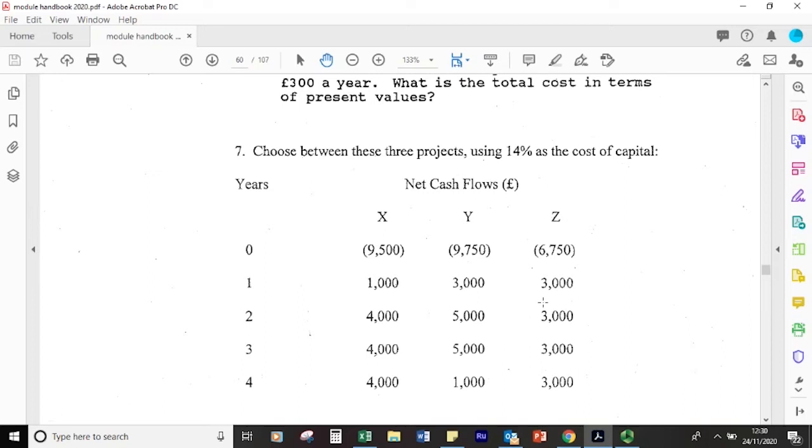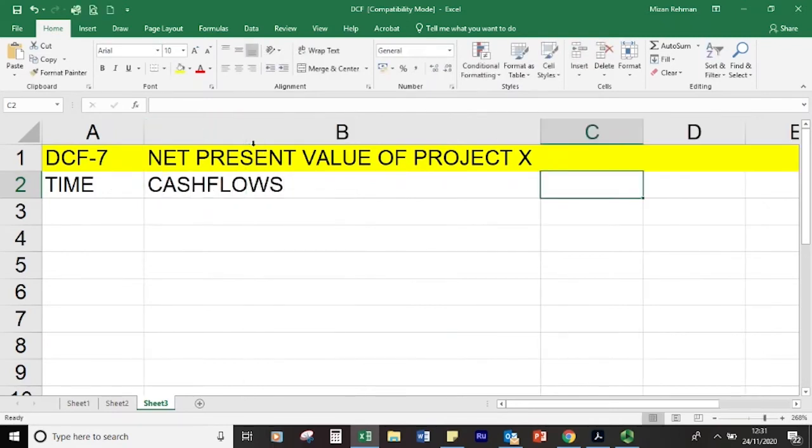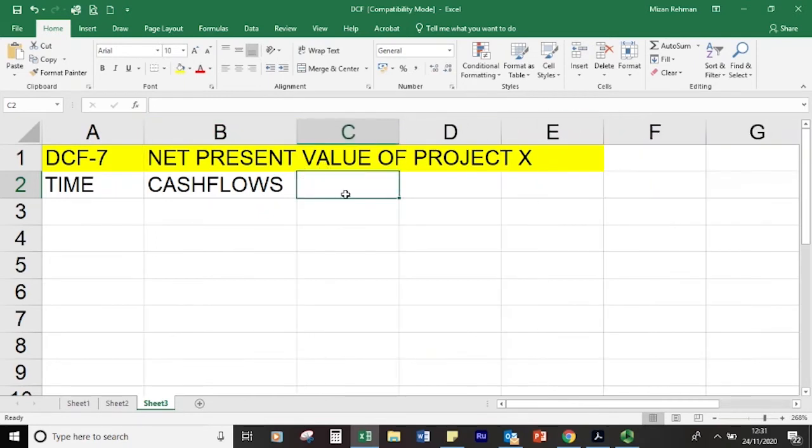So I'll take you to my Excel now and I'll solve all these 3 and then we will make a decision. We table time and cash flows. Now normally these things are given clearly in the question. What you need to do is to find out the discount factor. Let's write the whole thing.